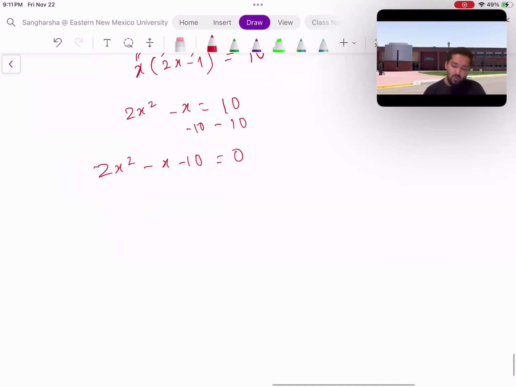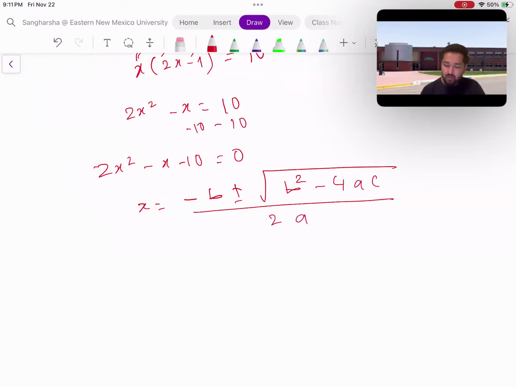You can use the quadratic formula, factorization, or any method. Let me use the quadratic formula: negative b plus or minus the square root of b squared minus 4ac, divided by 2a. Your a is 2, b is negative 1, and c is negative 10.